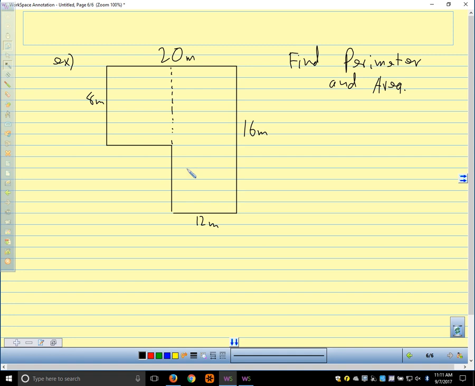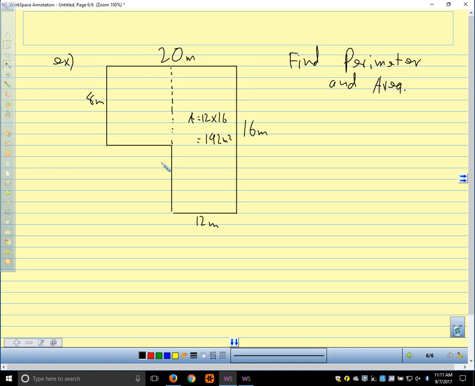Okay, now we're okay. This piece is 12 times 16. That's just a rectangle. And 12 times 16 is 192. Well, we're missing a side here. I need this length to find the area of this thing. 20 minus 12.